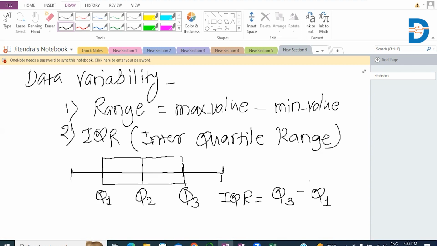Overall 50% data we just focus on in IQR. So here also we are not considering our whole data, so we are not getting the exact variability of the data.